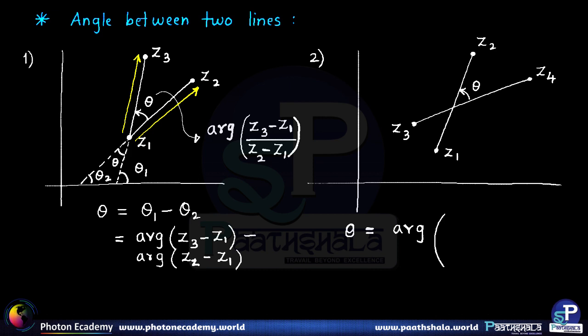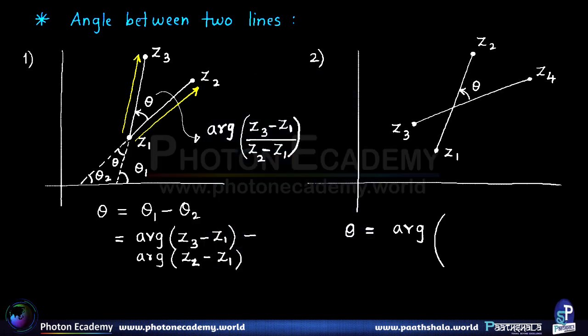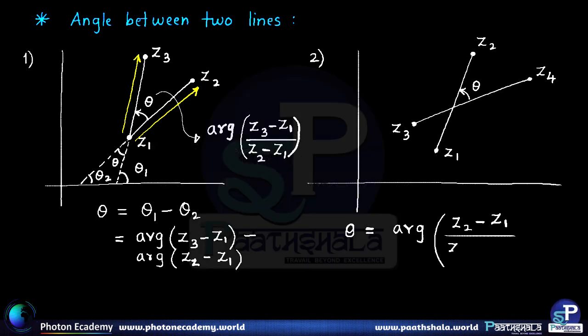So for that we have to consider the ray which comes at the end. So therefore here the numerator would be the ray or the side corresponding to z2 minus z1, and that should get divided by the other ray or the other side, which is nothing but z4 minus z3. Alright, so this is how we calculate the angle between two lines.